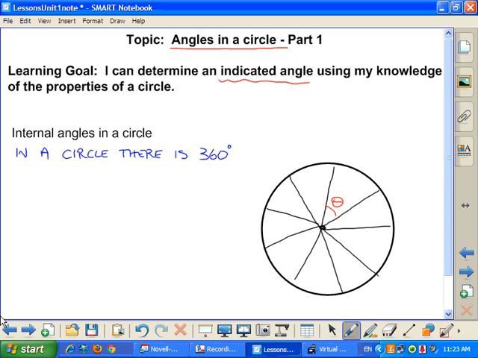One of the formulas you could end up with is number of segments. How many pie segments will there be? You would take 360 degrees and divide it by theta.